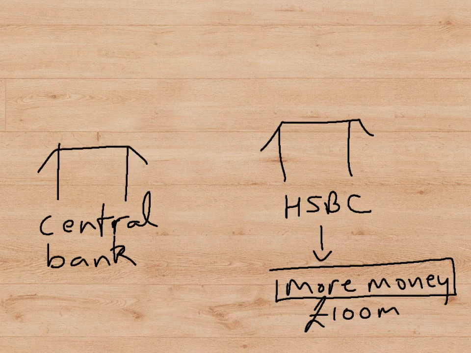What is HSBC going to do with this 100 million pounds that it suddenly now has? Well, it's going to do what you or I would do if we suddenly were given 100 million pounds. We'd deposit it in our bank. In this case, HSBC deposits the 100 million at the Bank of England, the central bank.